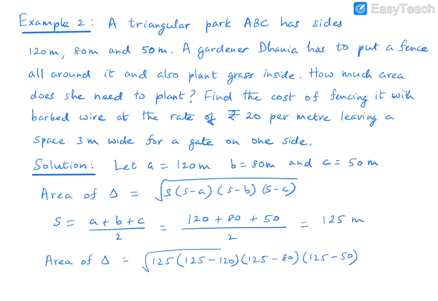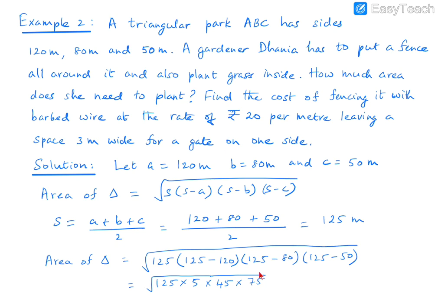So we have substituted all the values into the formula. We now get 125 into 5, since 125 minus 120 is 5, into 45, since 125 minus 80 is 45, into 75, since 125 minus 50 is 75. We need to multiply all these numbers and then take the square root.